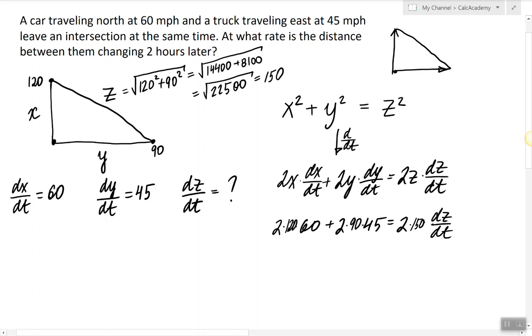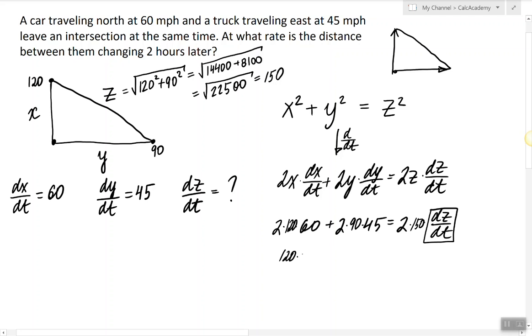So the only unknown value in this equation is dz/dt. So we can solve for dz/dt, but first we can definitely divide everything by 20 to get something simpler.